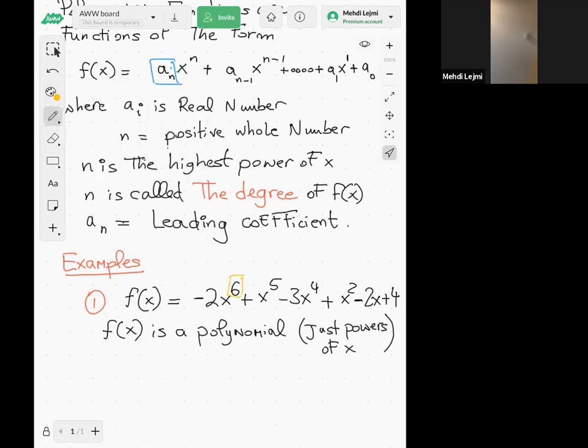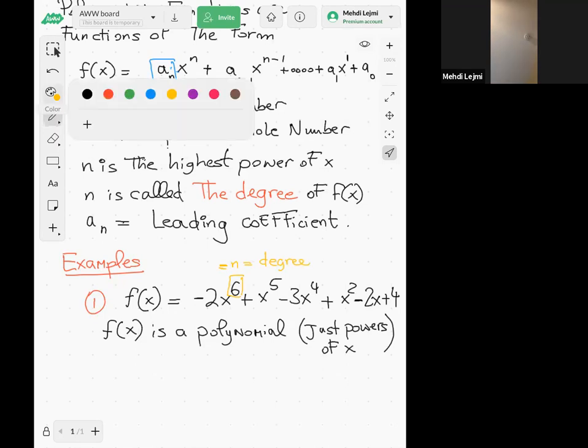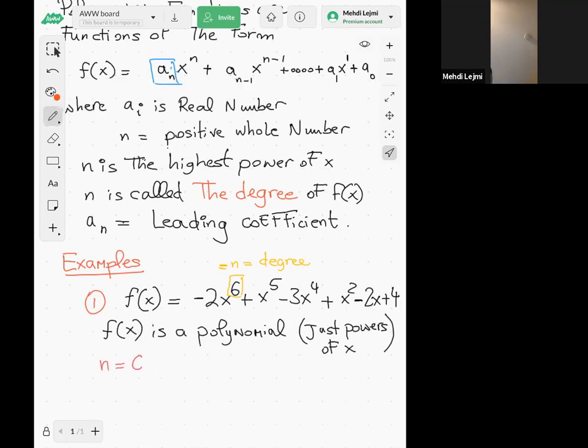That's what I call n, so n is equal to 6. That's the degree of the polynomial. Now, what will be the leading coefficient, the coefficient in front of x to the power 6?